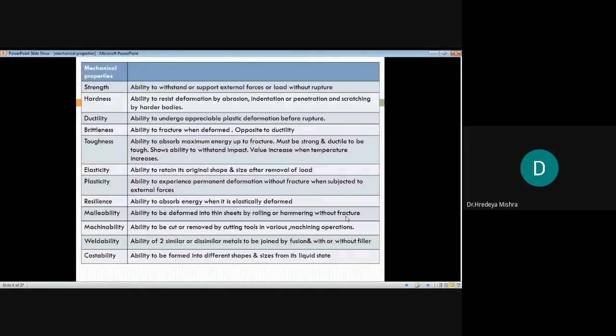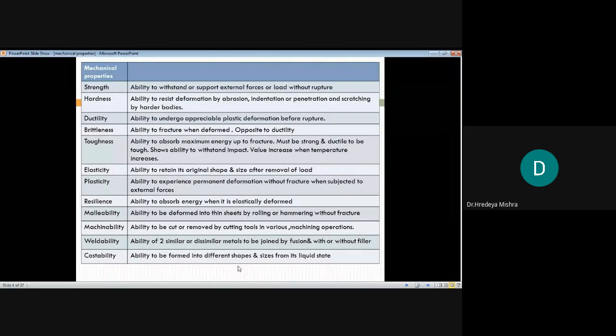They have malleability as well as ductility. Which material has ductility also has the property of malleability, meaning a material we can convert into wire, we can easily convert into thin plate.